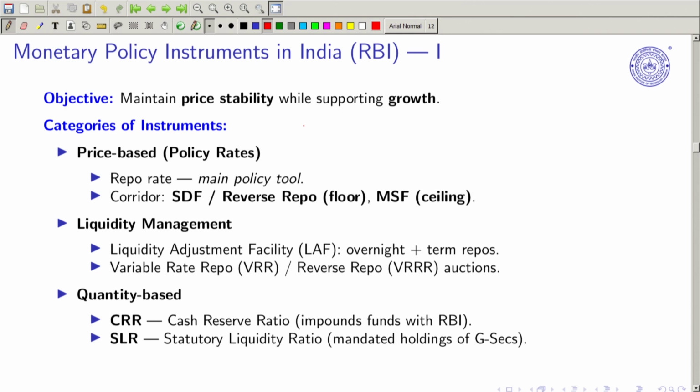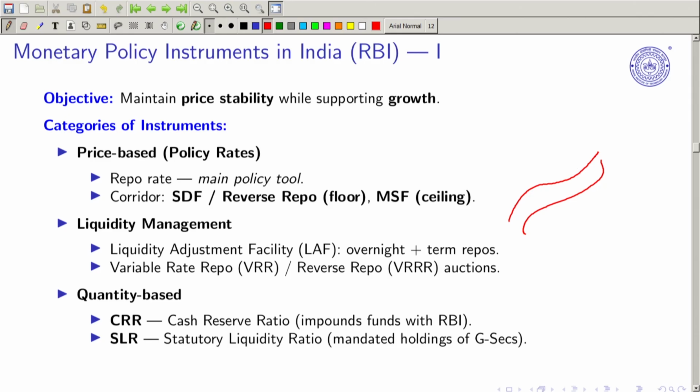Then there are corridors, which means a range within which we talk about rates. So, this is the corridor. Then there is the standing deposit facility, SDF. Reverse repo is also a floor, and MSF, marginal standing facility, is the ceiling.